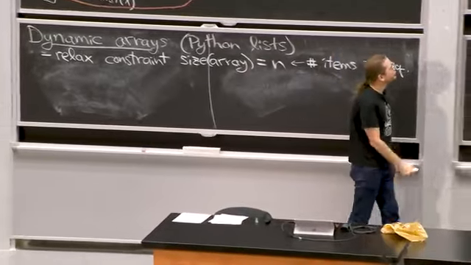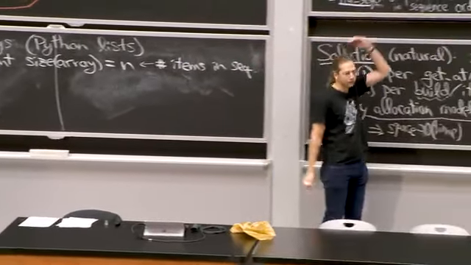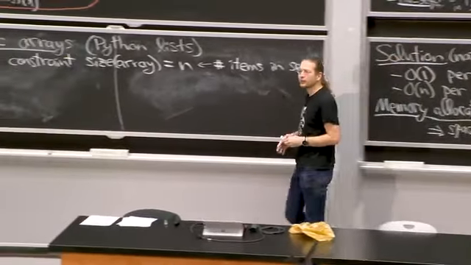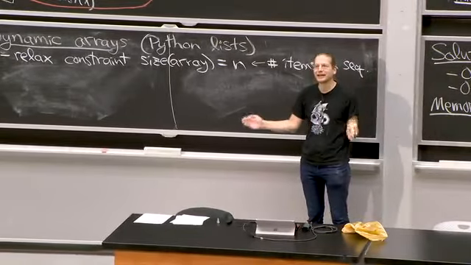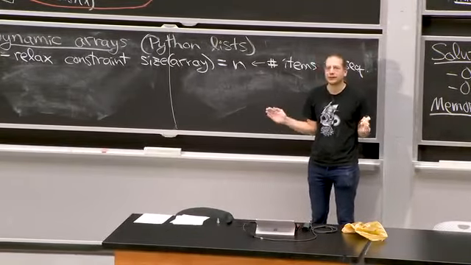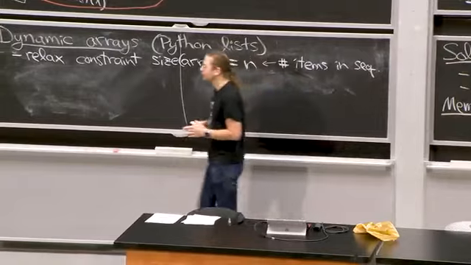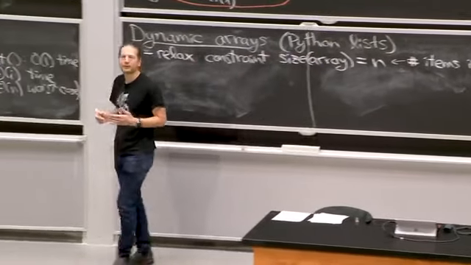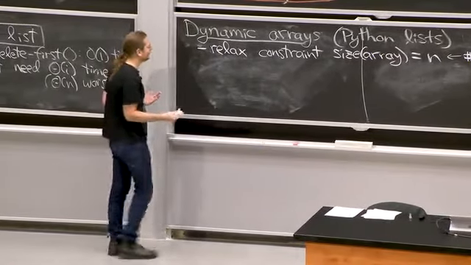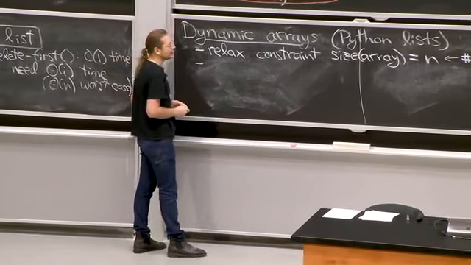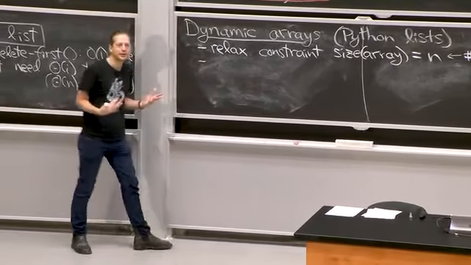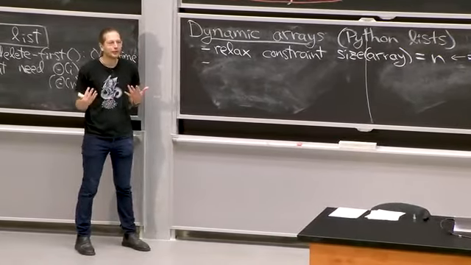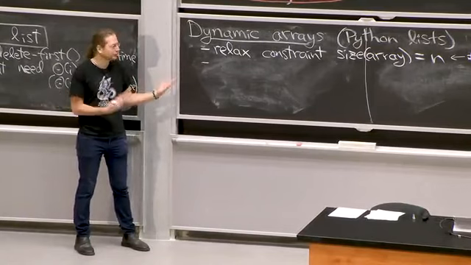Remember in the sequence problem, we're supposed to represent n items. With a static array, we allocated an array of size exactly n. So let's relax that. Let's not make it exactly n. Let's make it roughly n. How roughly? You can think about for a while. But from an algorithm's perspective, usually when we say roughly, we mean throw away constant factors. And that turns out to be the right answer here.